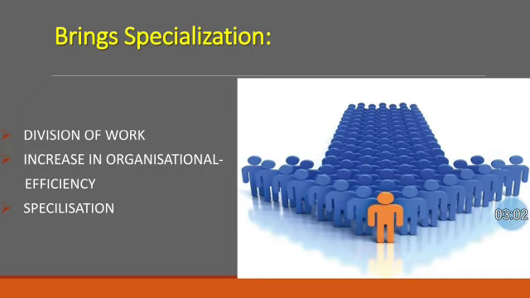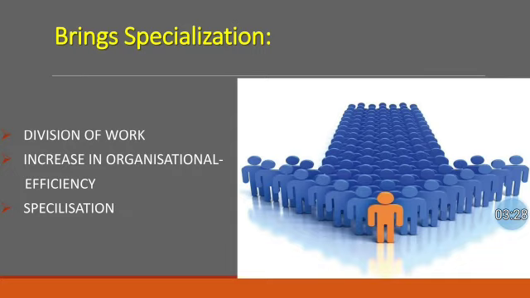In this way, division of work helps in bringing specialization in various departments, which leads to an increase in the efficiency of the organization. So students, you can see in every point some key points are given. With the help of these key points, you can frame your points clearly.